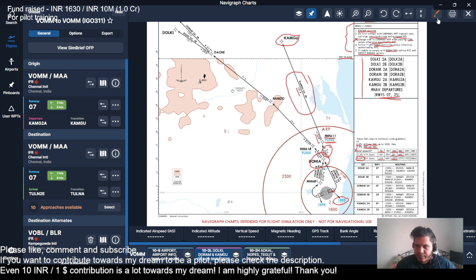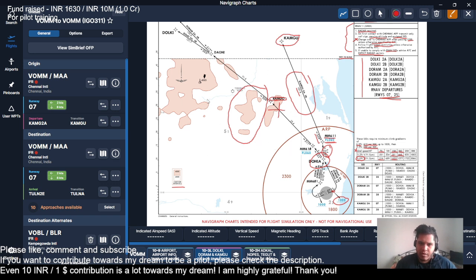Now you can see some contour intervals here, 2000, 4000. So these particular contours are 4000 feet. So when you are going over this, let's say you are going towards Ramdo, you have to be at least above 4000 feet at this particular point, or else you will have an issue, right?